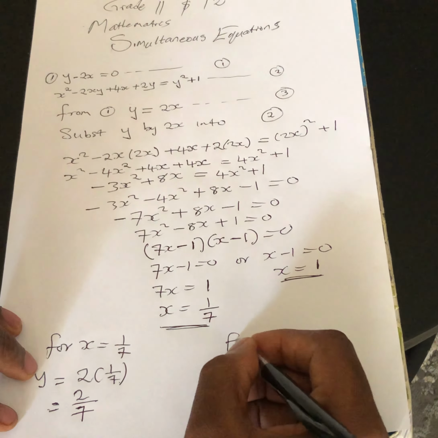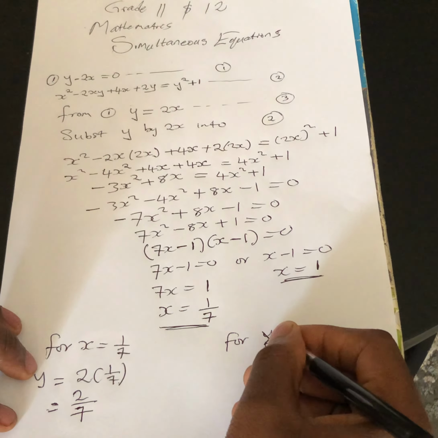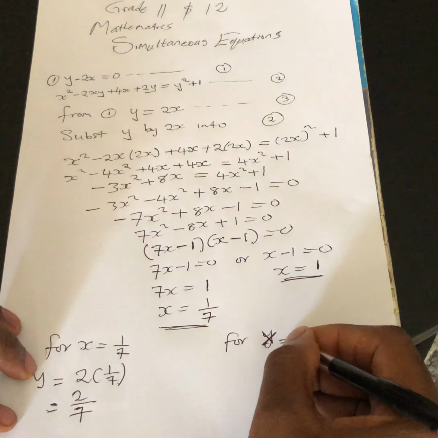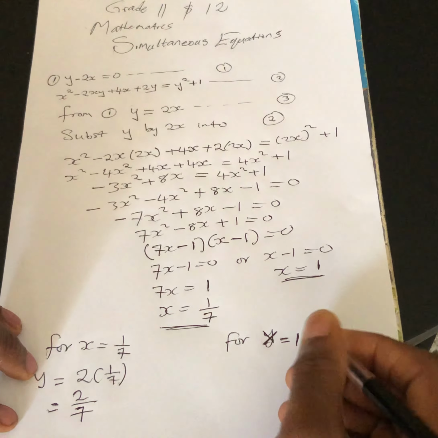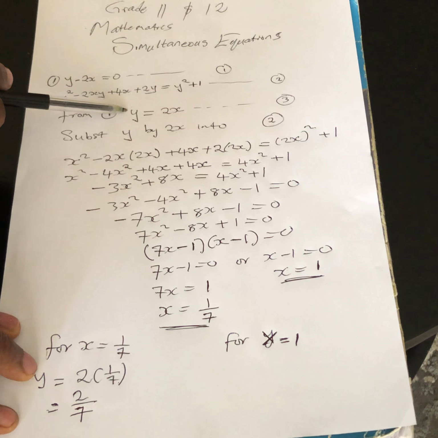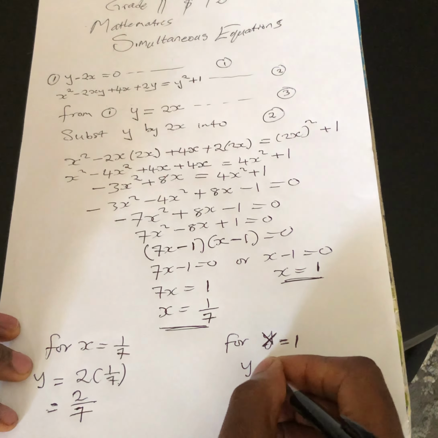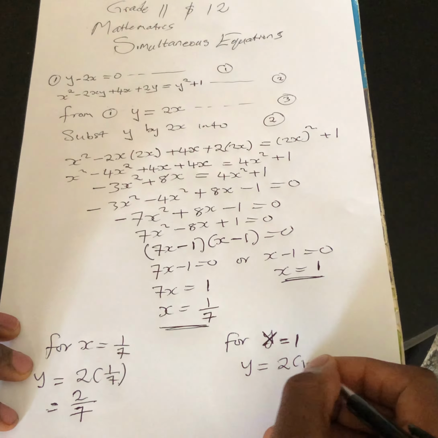And then for x is equal to 1, don't forget, we are using equation 3, right? You replace x by 1 to find the value of y. y is equal to 2 multiplied by 1.